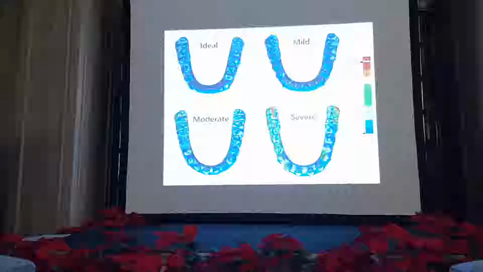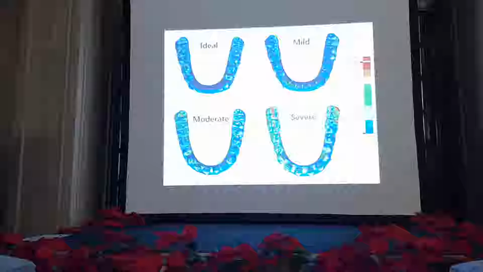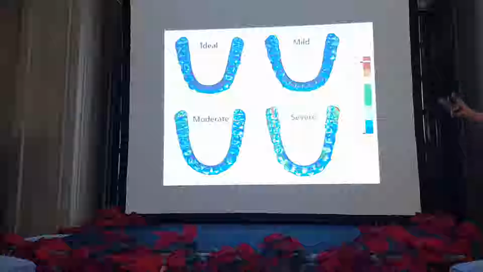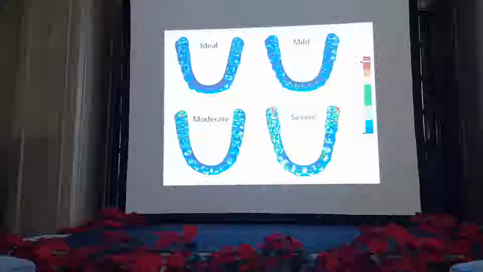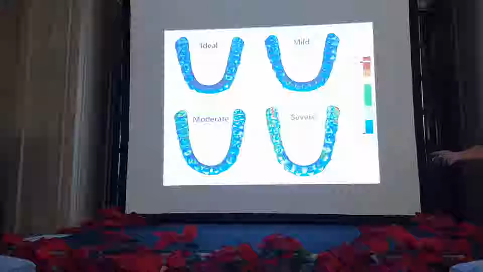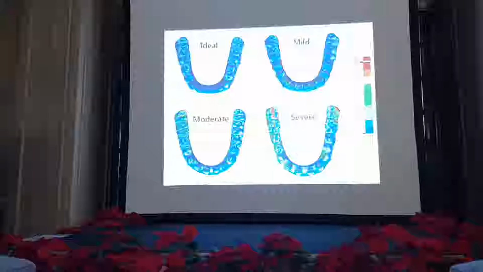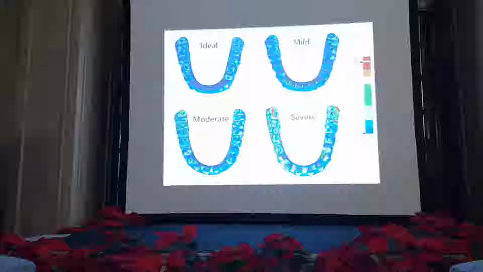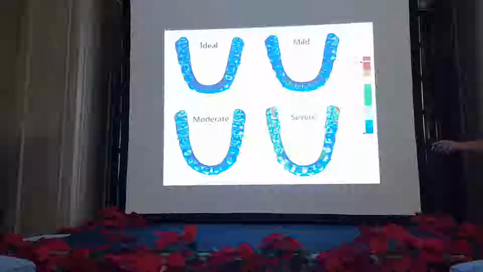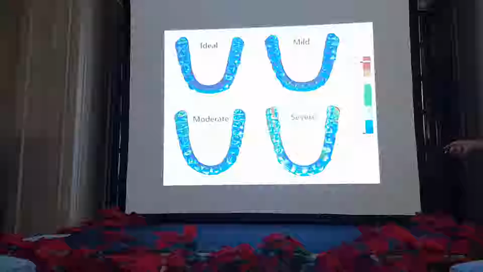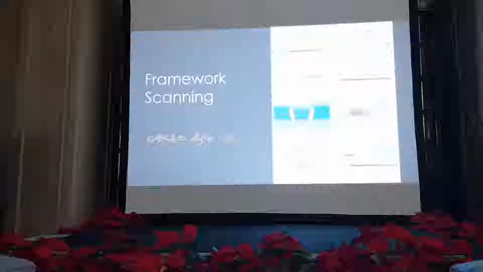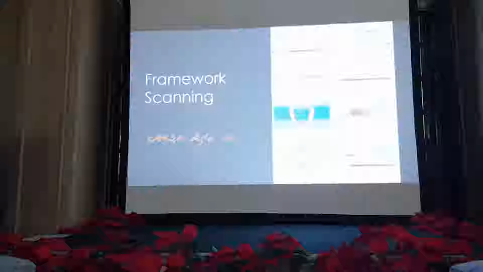The incisal edge is very thin. It doesn't provide enough information for our scanner, for the software. And the buccal side of anterior teeth is very flat, right? Compared to the occlusal side of the posterior teeth. Okay. So we want to solve this problem of scanning distortion.